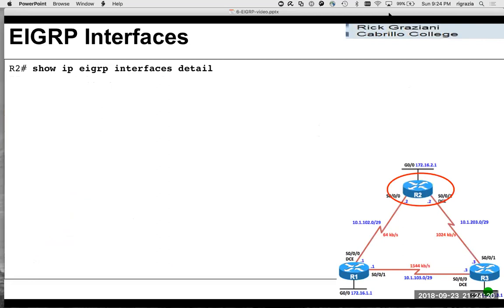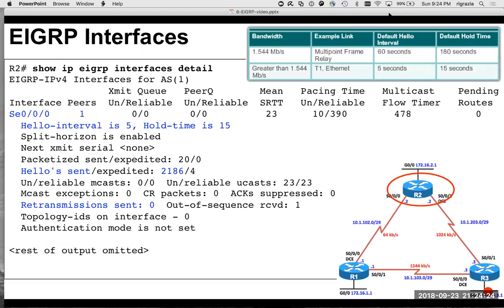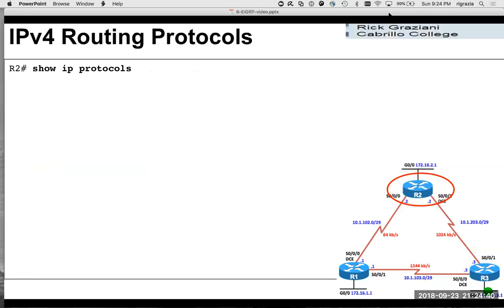Show IP EIGRP interfaces detail shows some detailed information, including the hello interval and hold time, number of hellos sent, and things like that. So you can get a little bit more detailed information on a specific interface or interfaces.